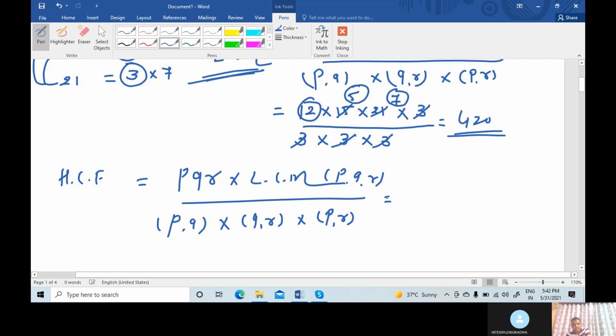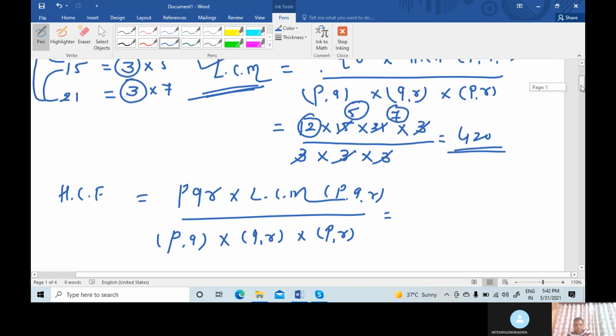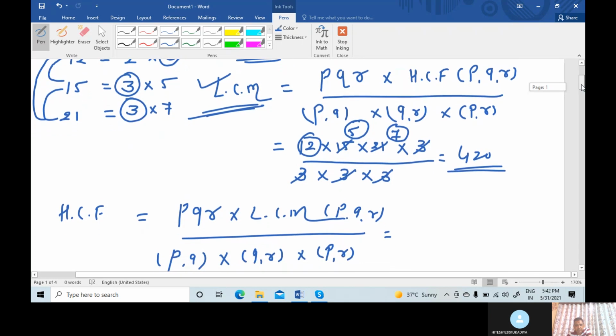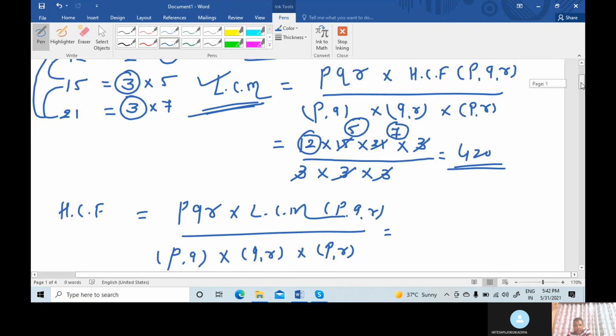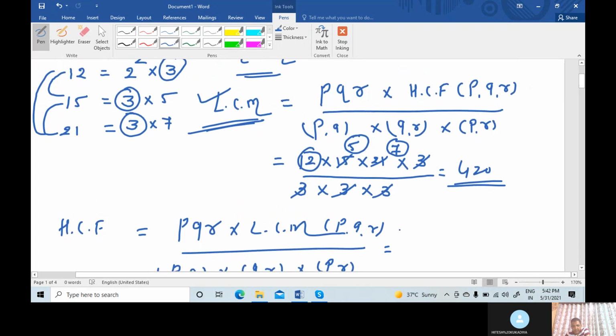Now multiply these three numbers. Which three numbers here? Look at the question: 12, 15 and 21. Place them here.